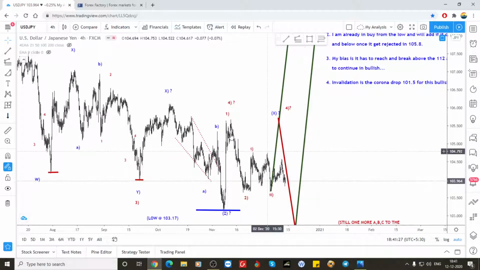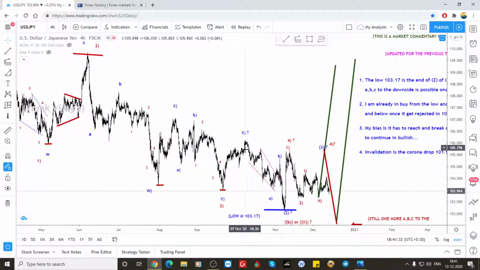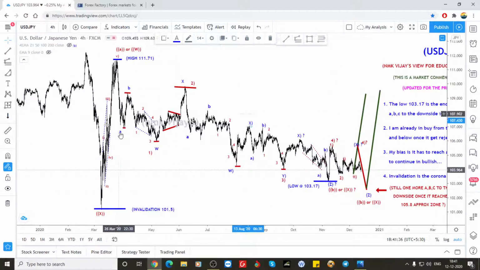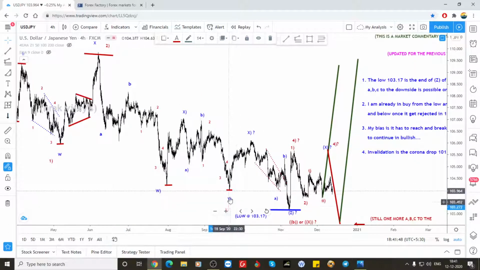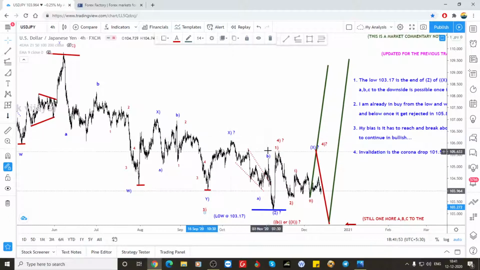Otherwise, if it didn't break this high, there are a lot of chances. I will show you here: ABC is a 1, ABC is a 2, ABC is a W, X, ABC. So this is the end of the third wave, because this is extended. ABC as W means the third wave is extended, and instead of this we can make it a 4 also.